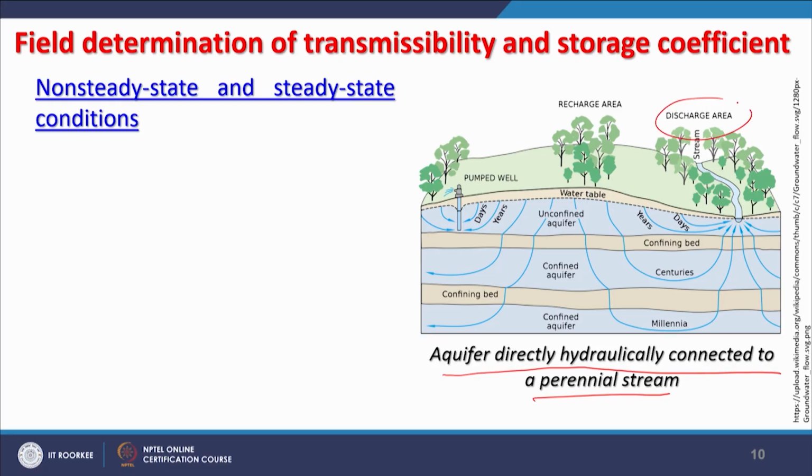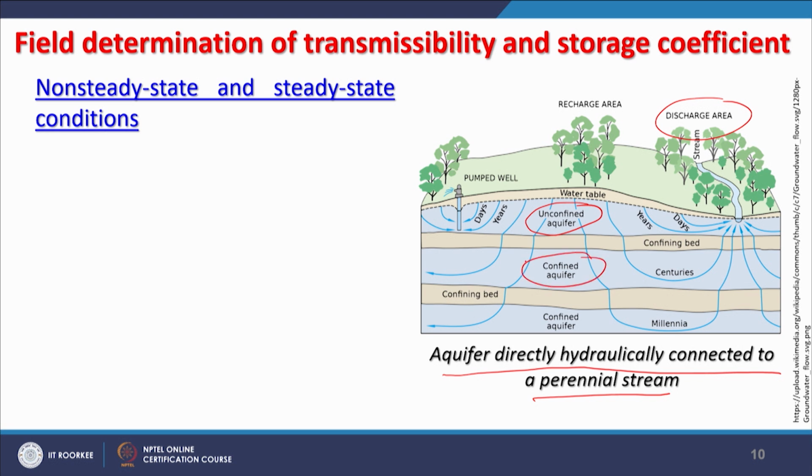Now, consider aquifers which are directly hydrologically connected to perennial streams. Here we are considering an aquifer boundary, and the aquifer boundary in our case is a discharge area. That means the groundwater is getting into the river itself. This is the top part, where we take the example of an unconfined aquifer condition.